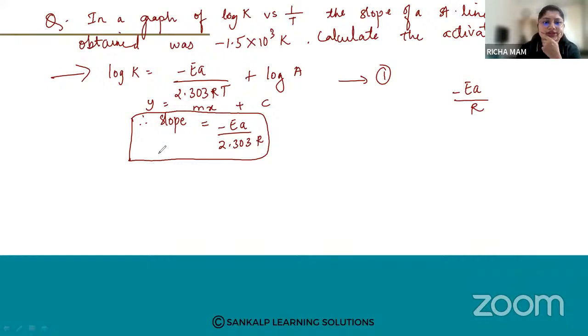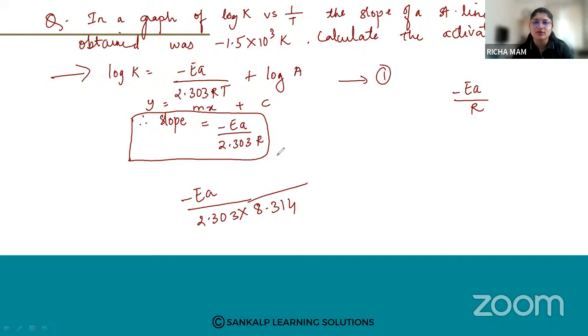Calculate the activation energy. In a graph of log of k versus 1 by T, the slope of the straight line obtained was minus 1.5 into 10 raised to 3.